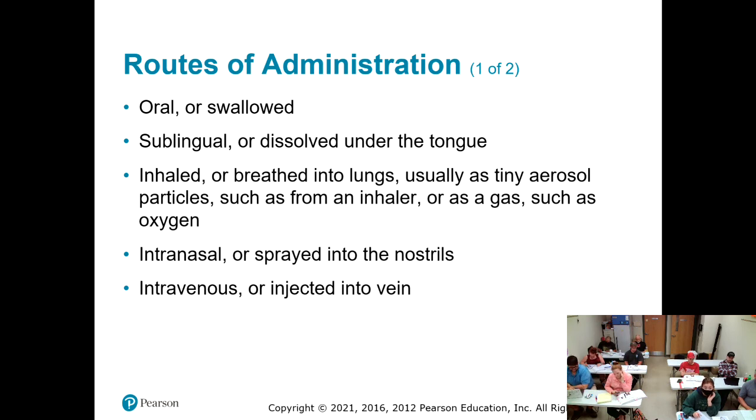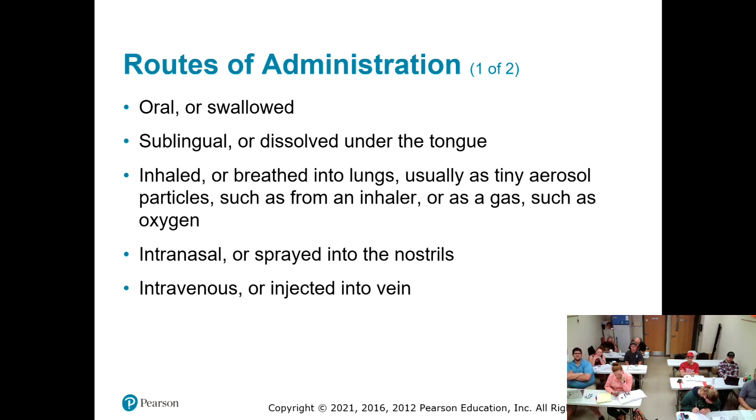Routes of administration. So we can give oral, so PO, which is swallowed. Sublingual, which is dissolved under the tongue. 2 meds we carry for that are nitro and Zofran. Those are both dissolved under the tongue. The spray as well. If you carry spray, you have them lift up their tongue and you spray it under their tongue.